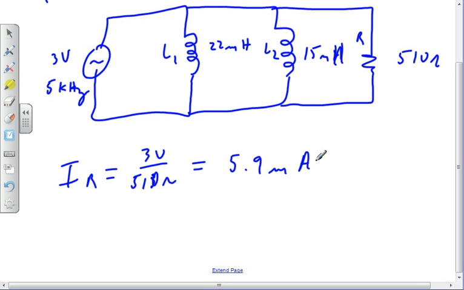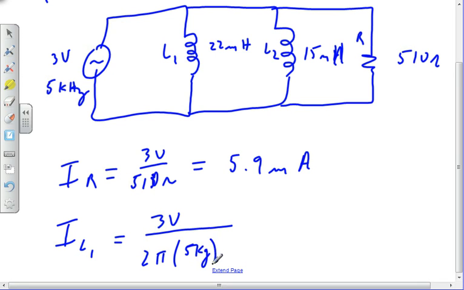Okay, that looks good. All right, now the current through L1: 3 volts divided by 2 pi, 5 kilohertz, 2.2 millihenry. I need to divide by X of L, which I don't have, so I've got to calculate it.